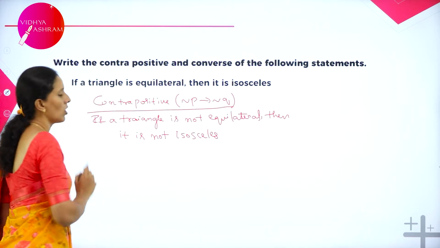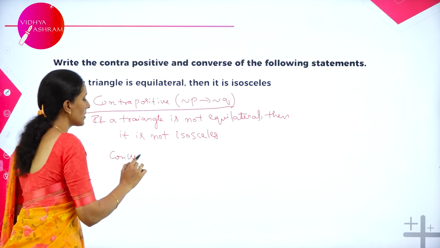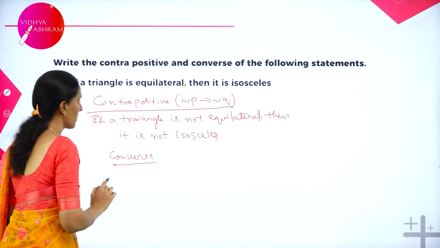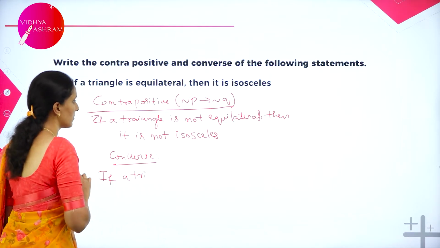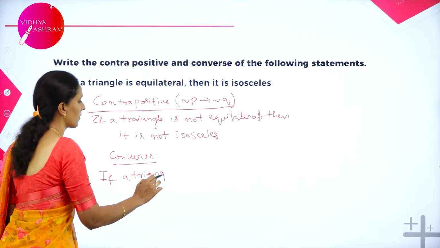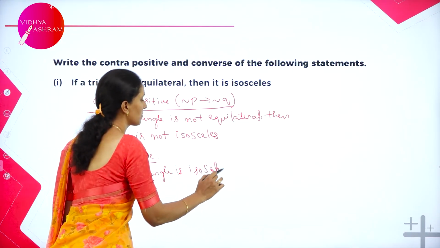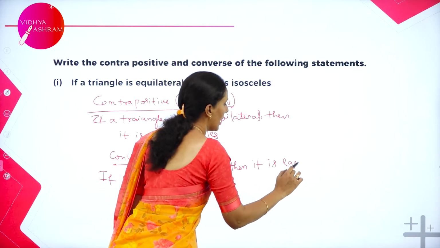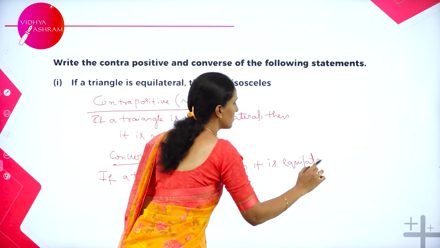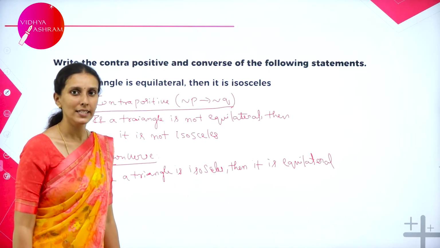So this is the contrapositive statement. Let's write the converse. The converse of this statement is, if a triangle is isosceles, then it is equilateral. So this is the converse of the given statement.